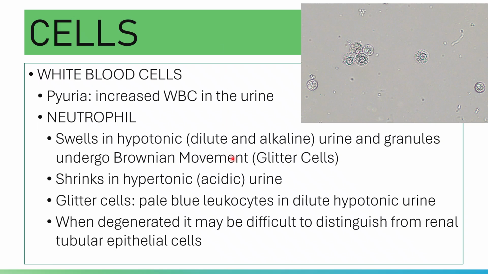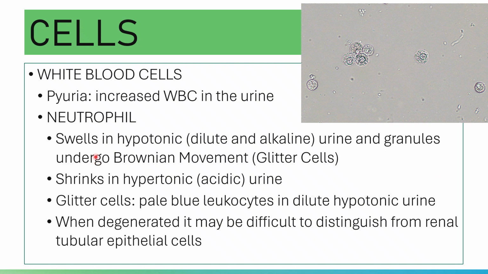Please note that the terms pyuria and leukocyturia are used to denote an increased WBC count in the urine. Same with red blood cells, your WBCs are examined and reported per high power field, as a numerical range per high power field.